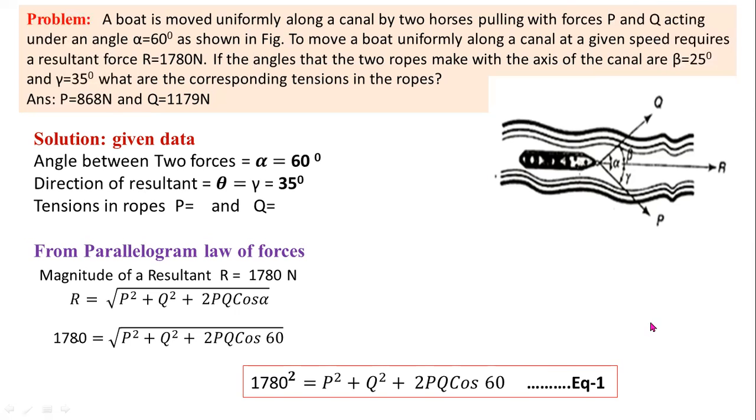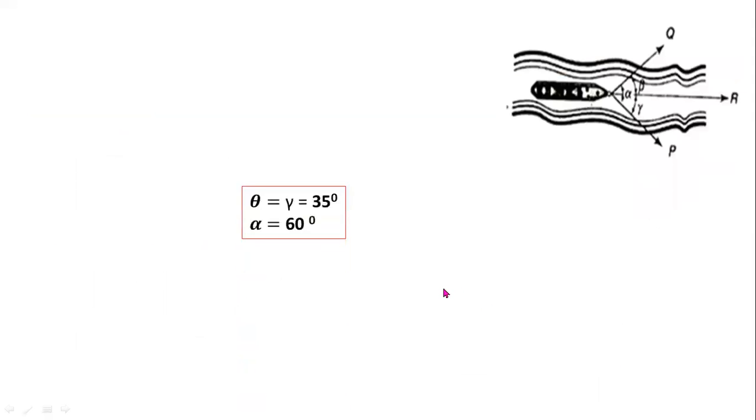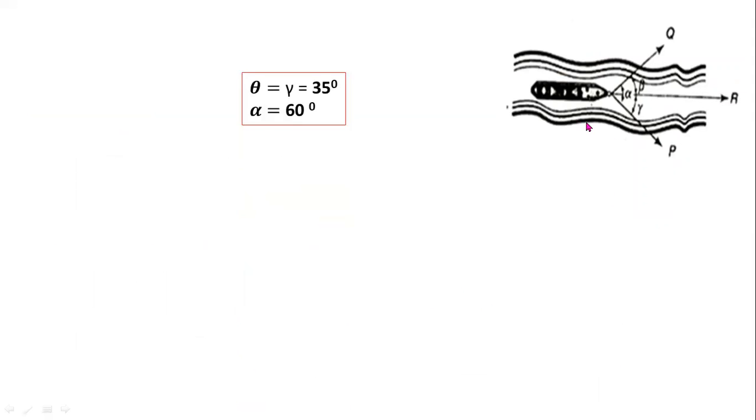Now for the second equation, I am considering the direction of the resultant. We already know that gamma equal to 35 degrees, beta equal to 25 degrees, and alpha equal to 60 degrees.